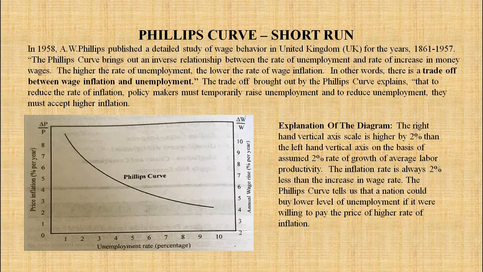The inflation rate is always 2% less than the increase in the wage rate. The Phillips curve tells us that a nation could buy a lower level of unemployment if it were willing to pay the price of a higher rate of inflation. This is what is discussed about the short run Phillips curve.